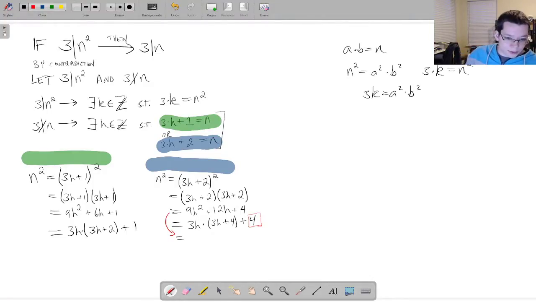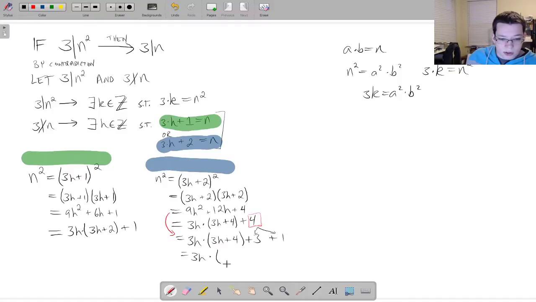So here's what we're going to do. We'll do 3h times (3h plus 4) plus 3 plus 1, because that 4 just splits into the 3 plus 1.